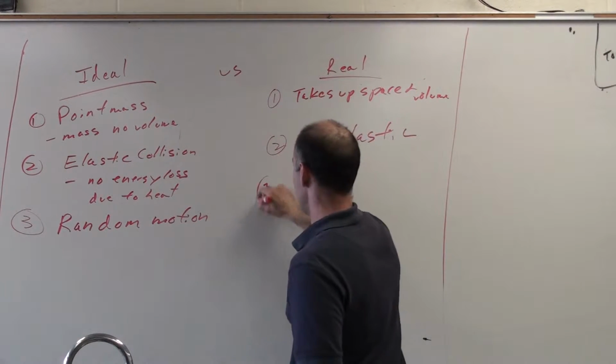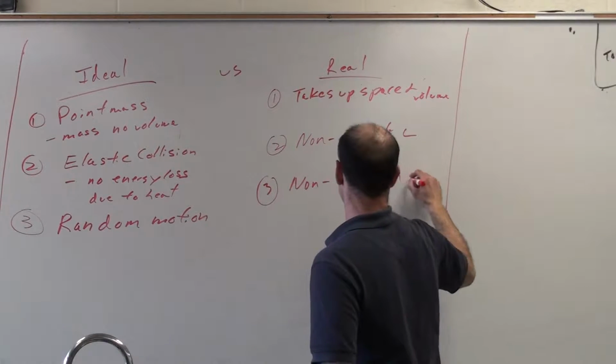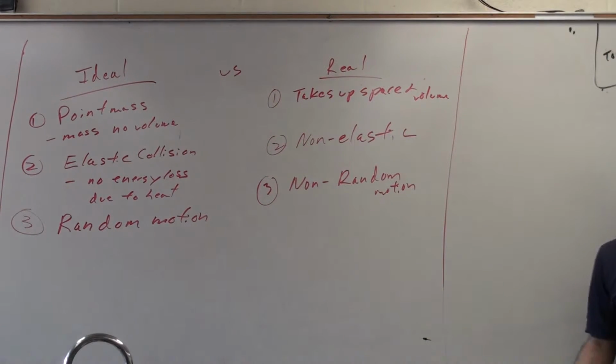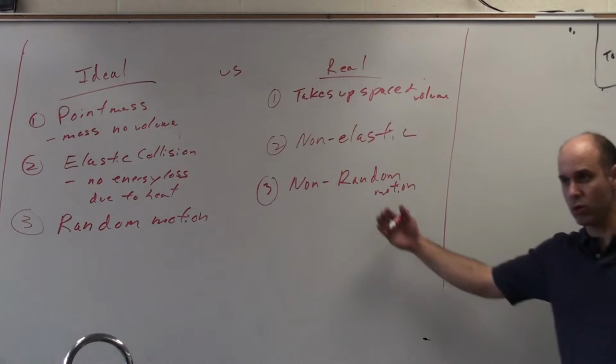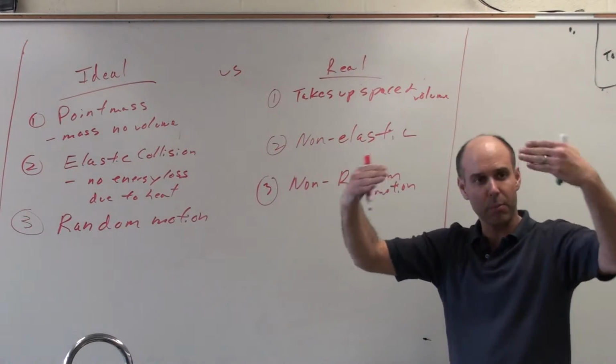Motion is not random, because gas particles can attract each other if they get close enough. Or if it's a polar gas, like water vapor in the air, H2O is polar. So if you've got two water molecules floating around in the air, if they get close enough, their dipoles are going to attract.